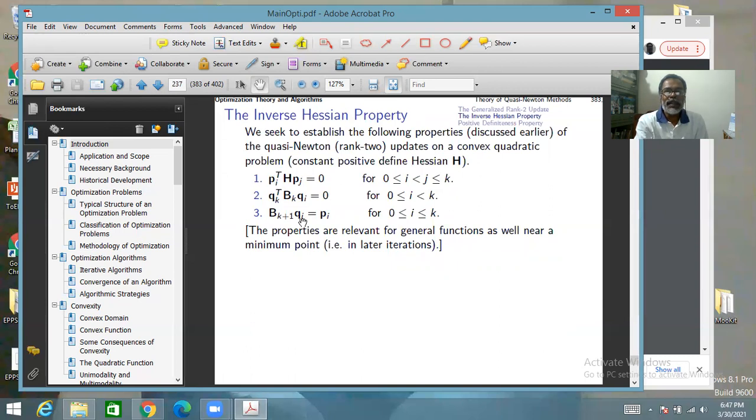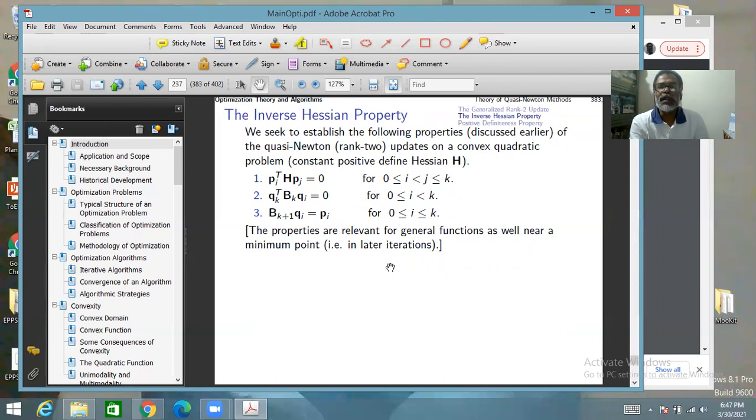So these things we will establish on the convex quadratic problem, that is, constant positive definite Hessian H. For that, these properties will hold. That does not mean something very limited, because you will say that no, we actually want to minimize general functions.